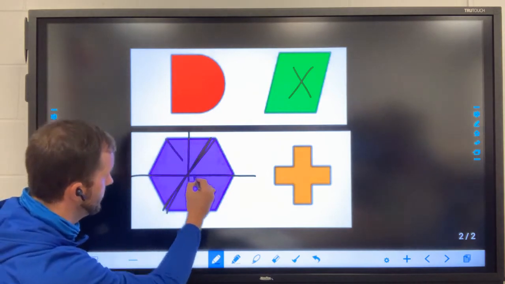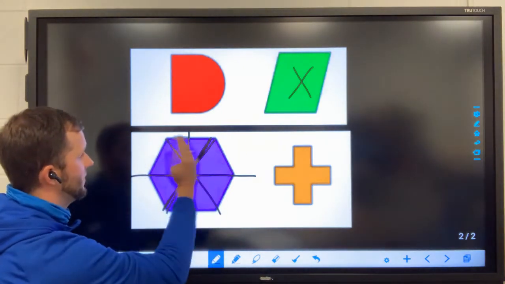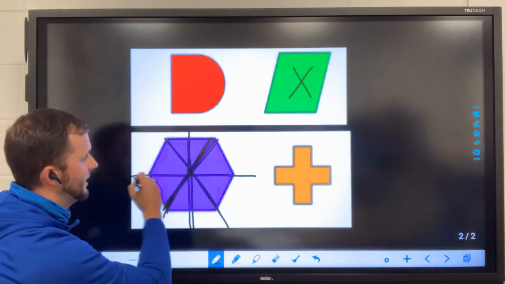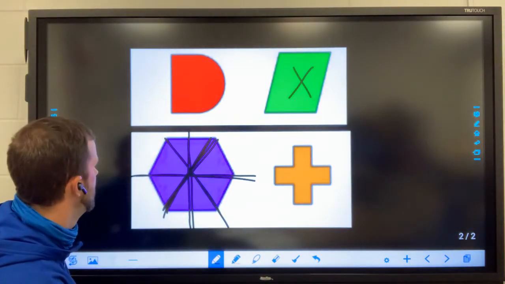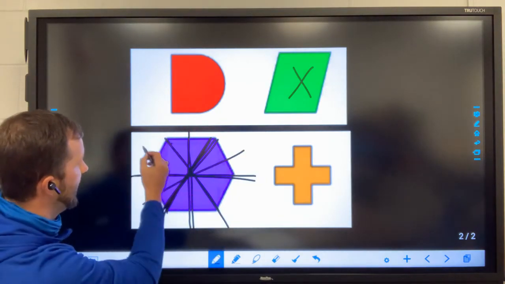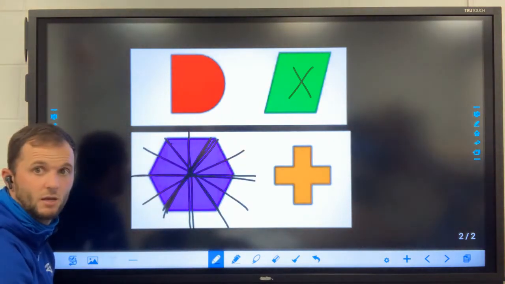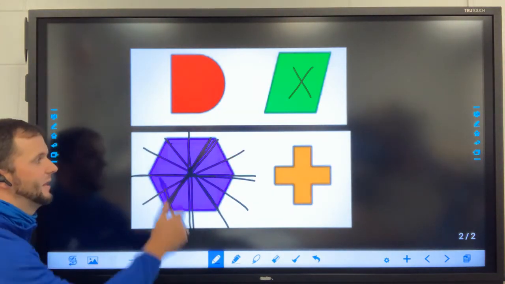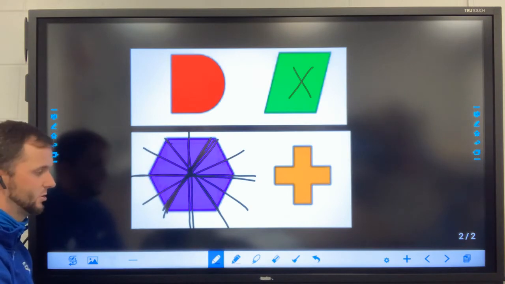If I did corner to corner here, it's going to match going that way as well. So that means I have 1, 2, 3, 4, 5, and then 6 lines of symmetry, because those are all going to fold over and meet. So that, ladies and gentlemen, shows that that one has reflectional symmetry.